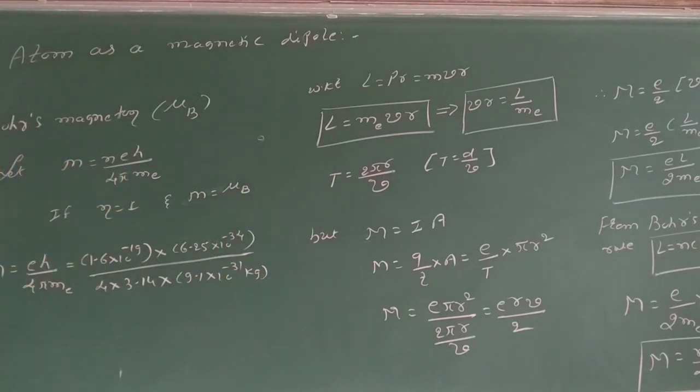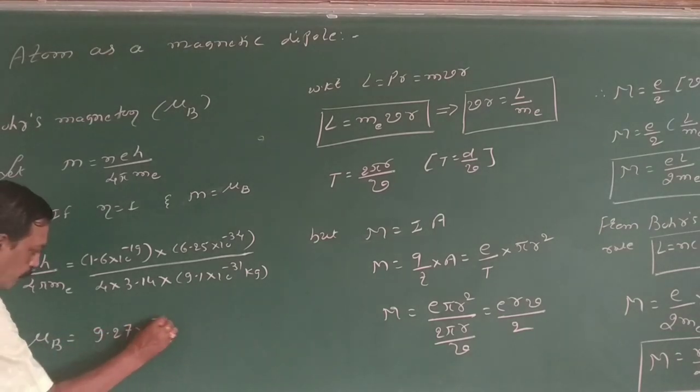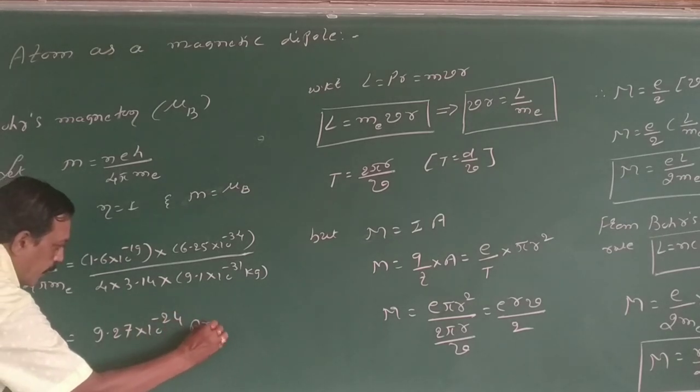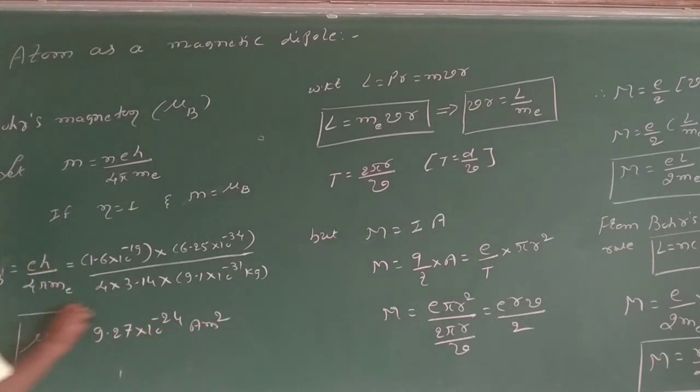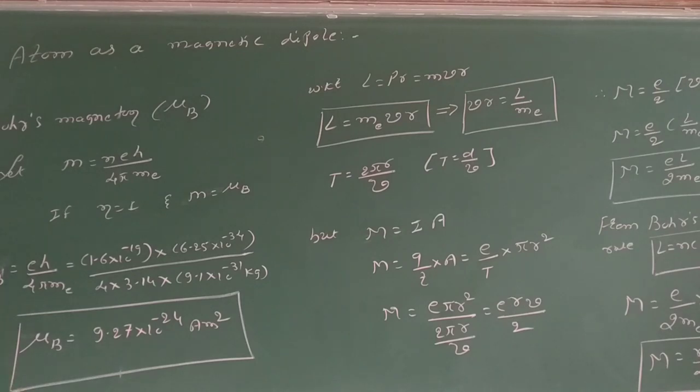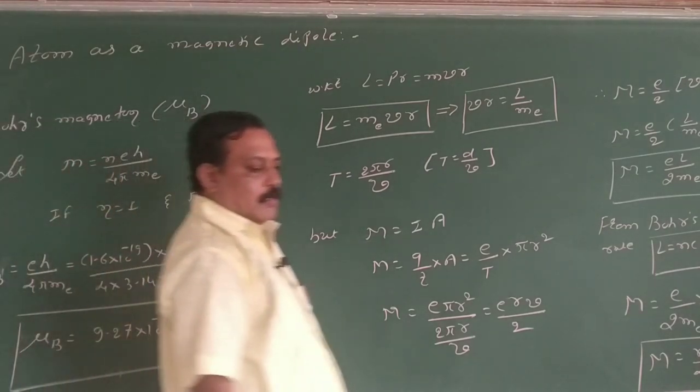By substituting all these values and doing the necessary cancellation, the value becomes what? I call it mu b, Bohr's magneton, which is 9.27 into 10 to the power of minus 24 ampere meter square. This is the value of Bohr's magneton.